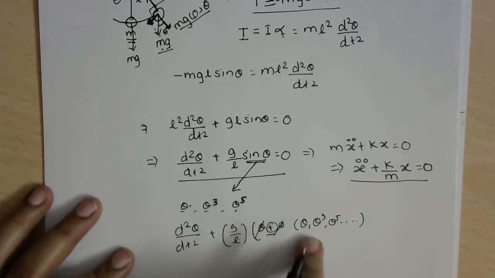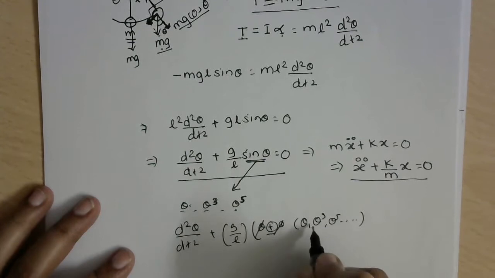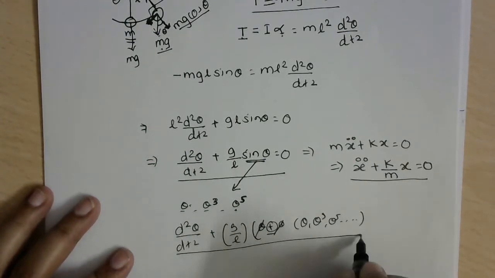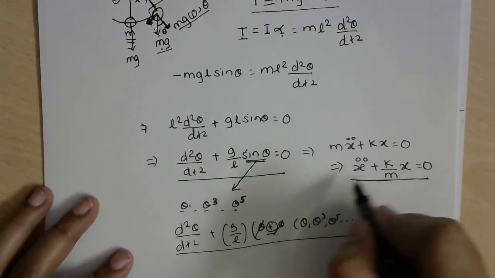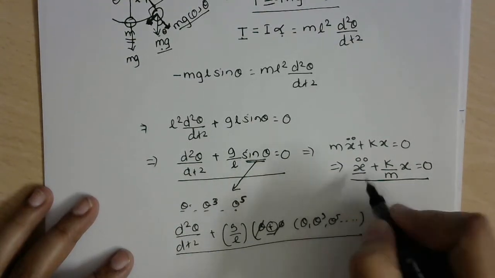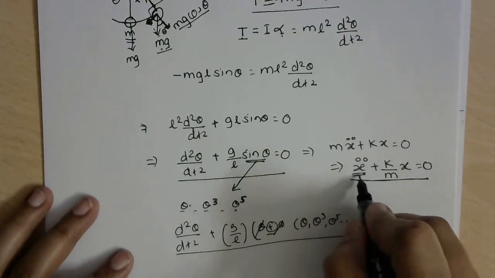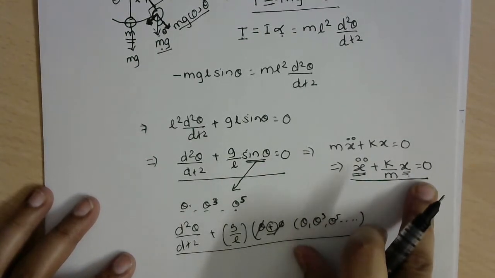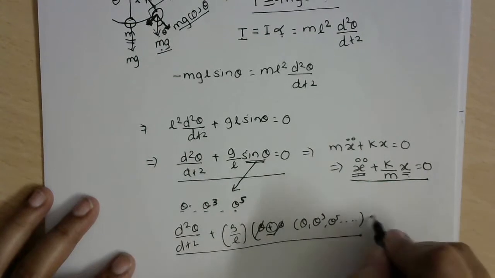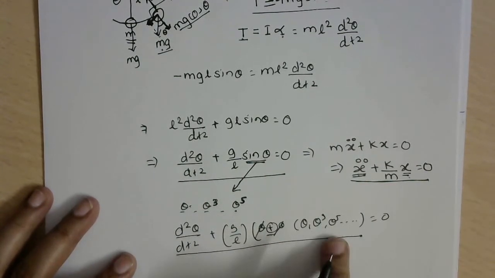In that case obviously you can say that this equation is non-linear in nature, whereas this equation is linear. What does that mean? We don't have higher powers of acceleration as well as displacement involved in this differential equation, whereas this differential equation has higher powers of theta, which itself is the unknown.